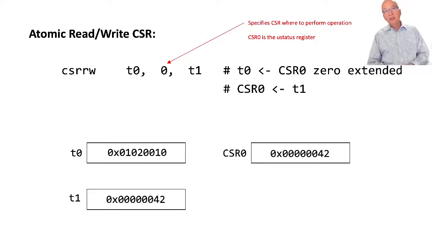I just used a different register here, T1, to illustrate the more general form of the instruction. Most of the time, you're going to be using this instruction to swap the value that is in a regular RISC V register with the value that is in the control and status register.